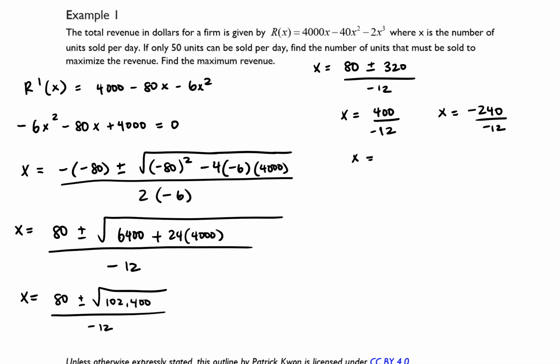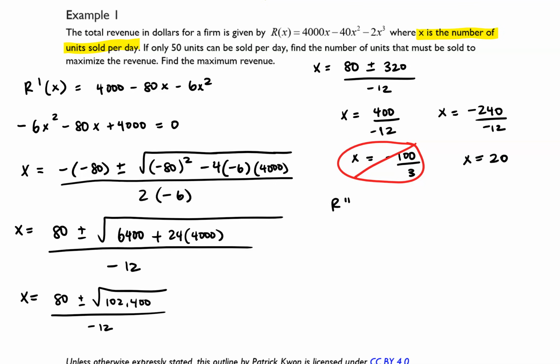And this ends up being negative 100 over 3, and this ends up being 20. Now, remember that x represents the number of units sold per day. So in the context of this problem, saying that x is equal to a negative number doesn't quite make sense. So we're basically left with x equals 20, but we need to verify that that's going to give us a relative maximum or a relative minimum.